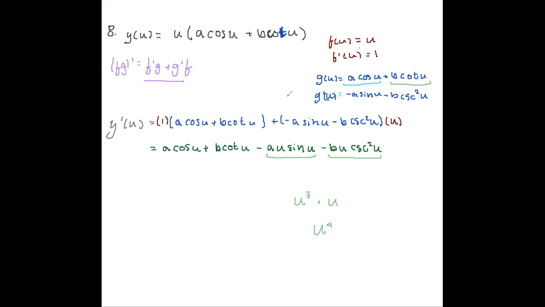However, because I have sine u, which is some trig function, and then I also have u over here, I can't just, trying to think of a good analogy for this so that it's more visible. But I can't just say that u times sine u is equal to sine of u squared. It might be better to think about having parentheses around the trig functions.